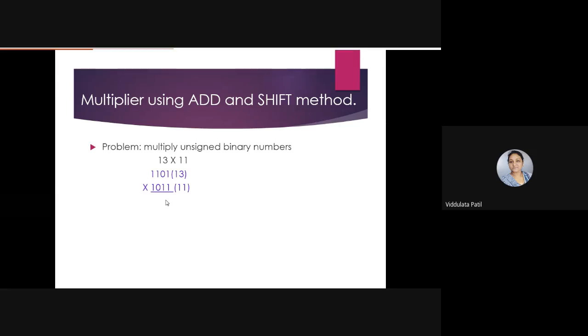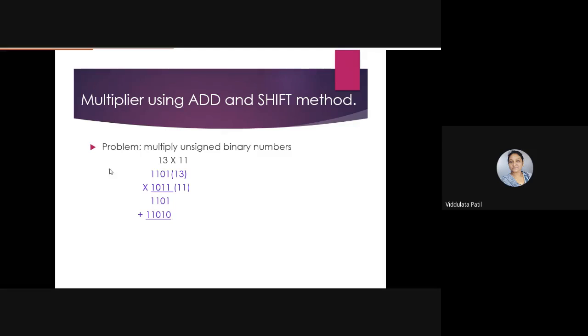Okay, so you are doing this multiplication bit by bit. You multiply each and every bit of the multiplier with the multiplicand, and then you add. First, this one will get multiplied with this multiplicand, and you will get the answer, that is 1101. Next, there will be shifting of one bit.